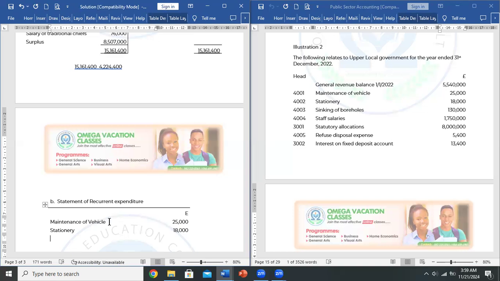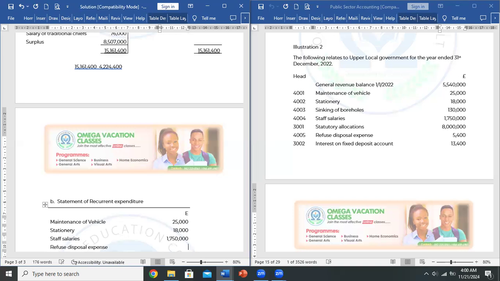Great. Next is staff salaries. Every month you pay us, so that's very recurrent. Next is the statutory allocation. It's not an expenditure, it's a revenue, so it doesn't come here. The next is refuse disposal expense.